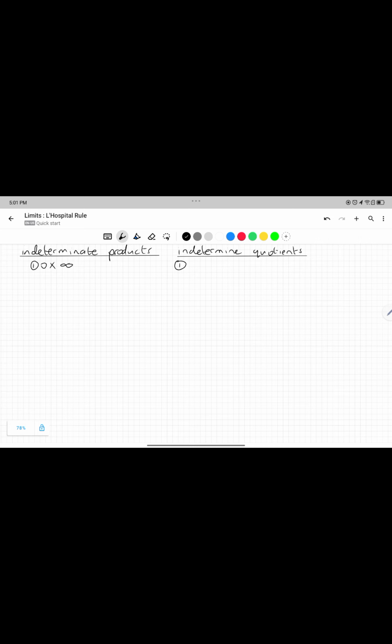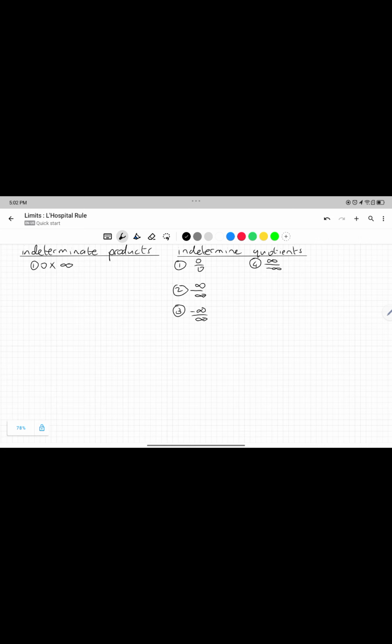So indeterminate quotients are something like 0 over 0, infinity over infinity, negative infinity over infinity, infinity over negative infinity. One would be saying, it's more or less the same thing. Yeah, but let's be explicit about it.